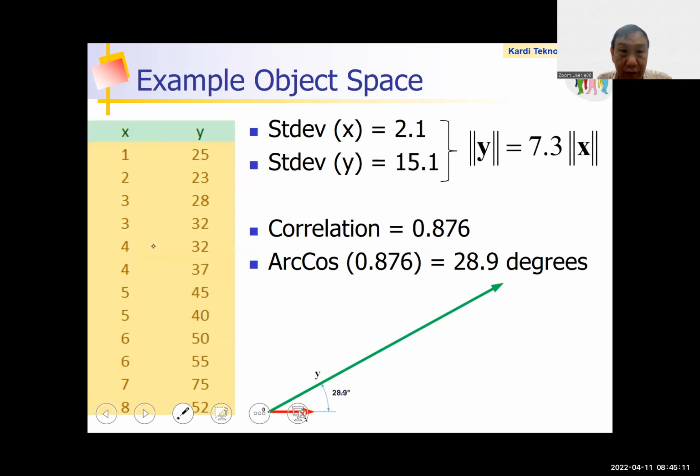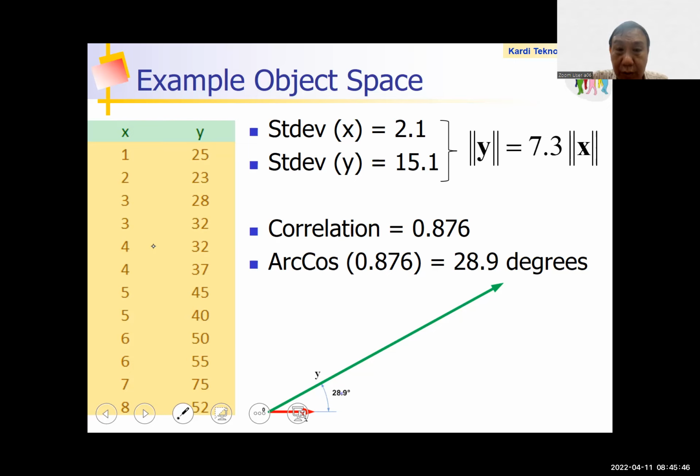Okay, so this is an example. If you have two variables like this, first you center the values, and then you get the standard deviation of x and the standard deviation of y. You also calculate the correlation between them. Now you get the relative length.